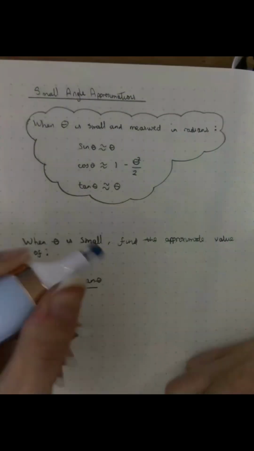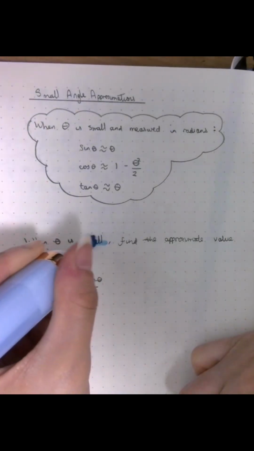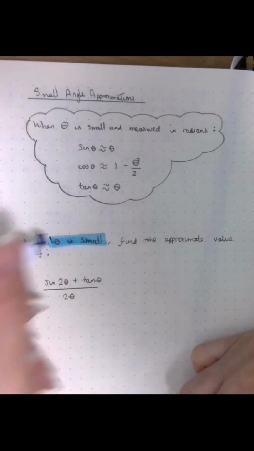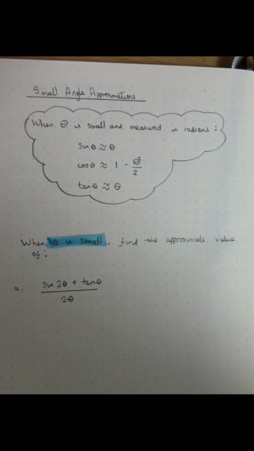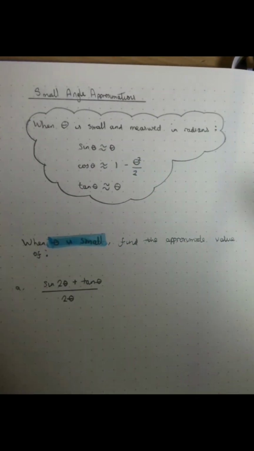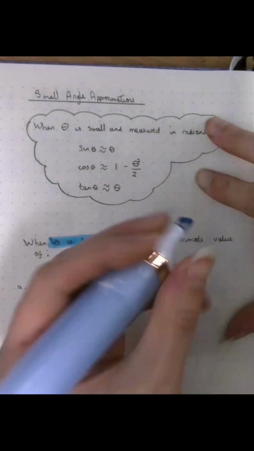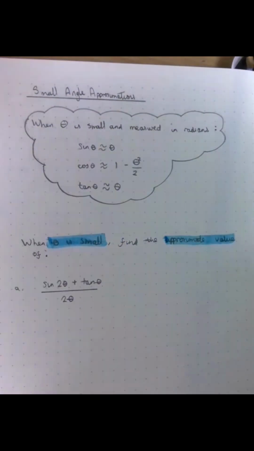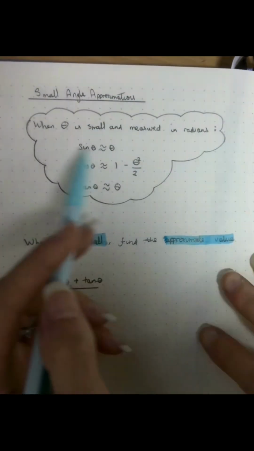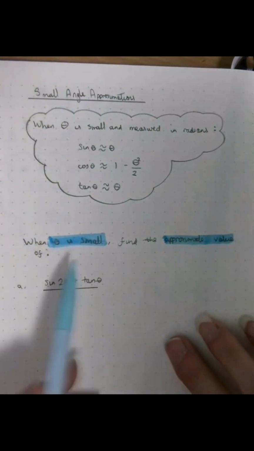That is your key takeaway whenever you see something like that. When theta is small, it's small angle approximations. We need to find the approximate value. That's another indicator, because it's not the exact value, it's the approximate value. And we know they are not equal, but they are roughly equal for small values of theta.